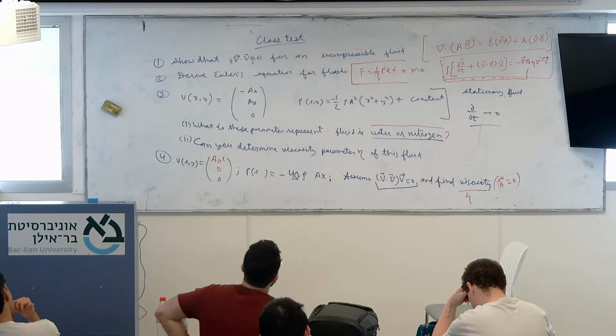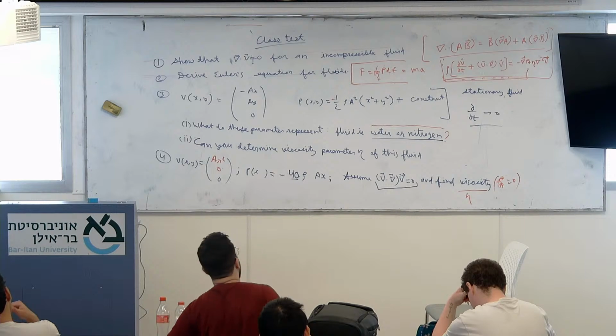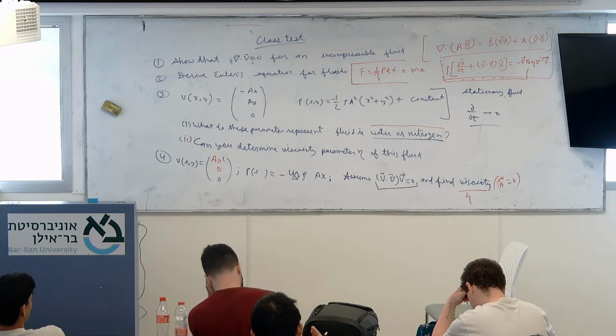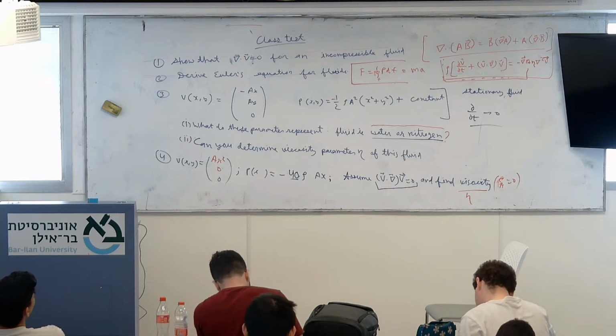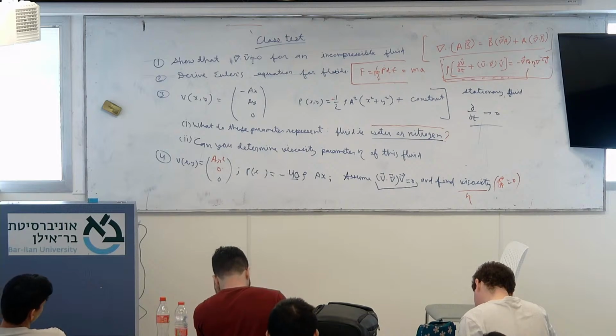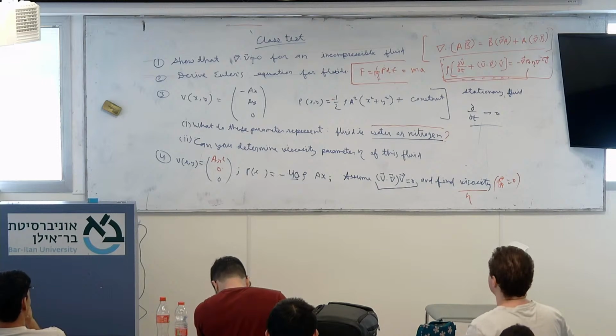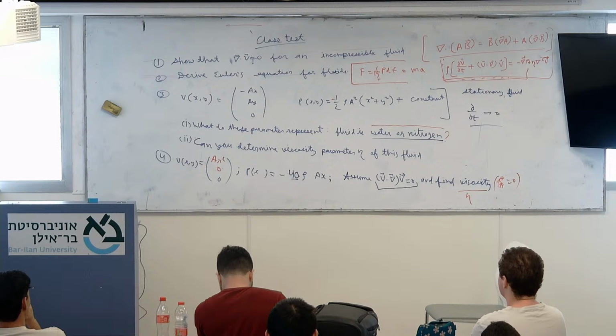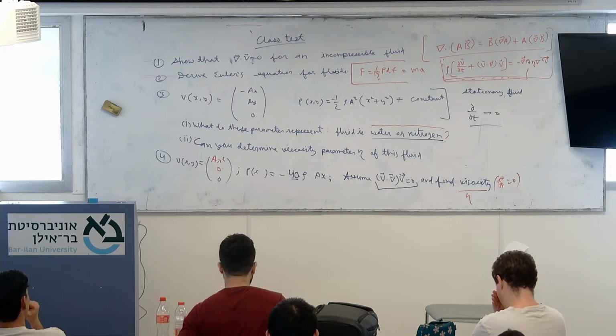So that's it. You cannot determine the viscosity. It's undetermined. The second conclusion is you found out that this is satisfying the Euler equation, right?